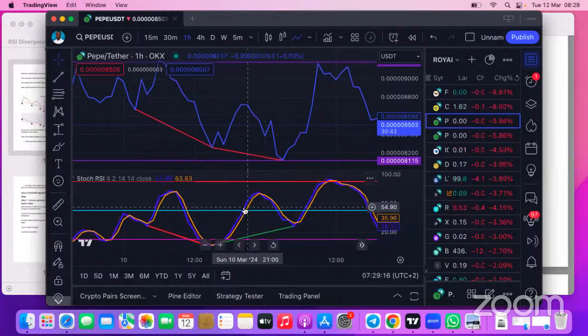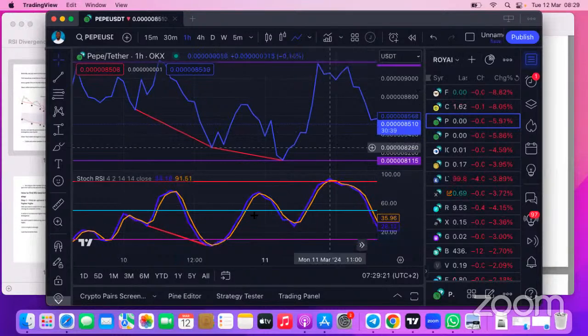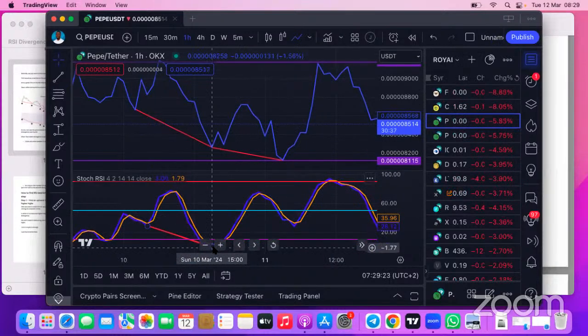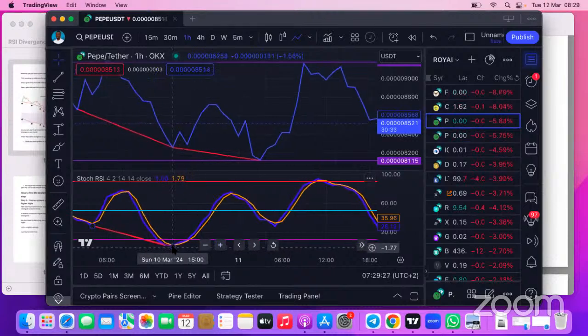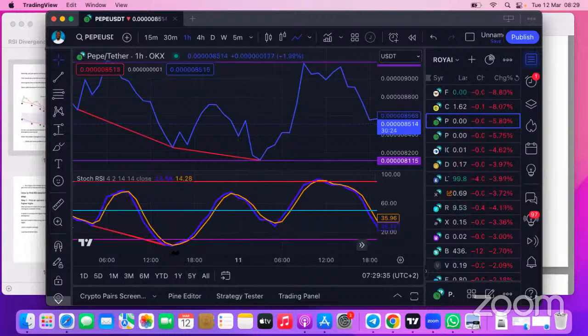Then after, you are going to look for a point, like you see now, from this lowest point, you can see that instead of this stochastic RSI going lower, it forms a higher point. Give me a clue if you can see that. So we are going to connect this point to this point.